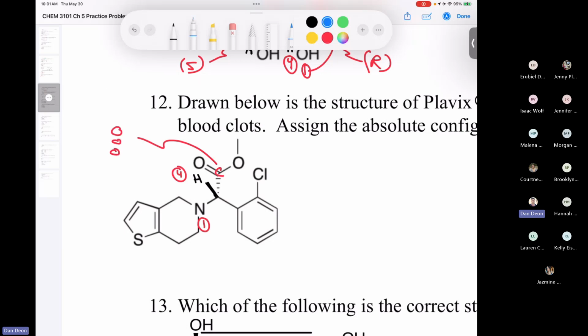Then we have this carbon here, the one in blue, which is attached to carbon, carbon, carbon. So this is the tiebreaker. That means this is going to be group number 2. This will be group number 3. So we go 1, 2, 3, so we're going clockwise. We reverse it, so we reverse R to S. So that means this is an S stereocenter.